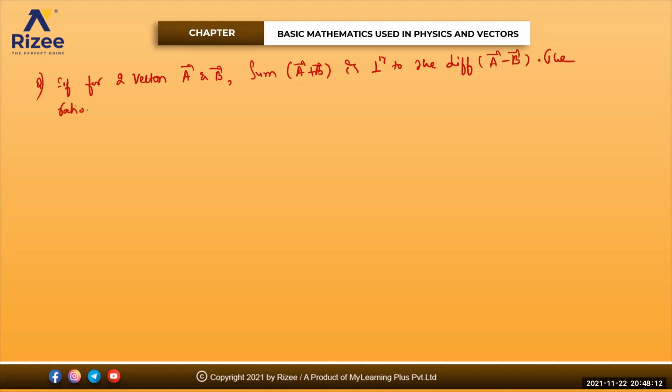If for two vectors A bar and B bar, the sum A bar plus B bar is perpendicular to the difference A bar minus B bar, then the ratio of their magnitudes will be equal to how much? Anyone?